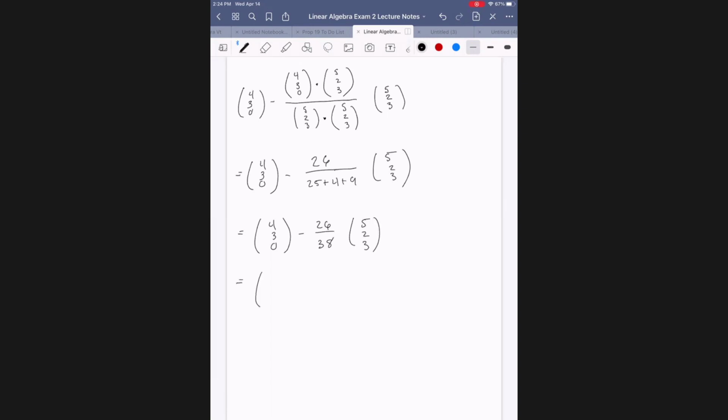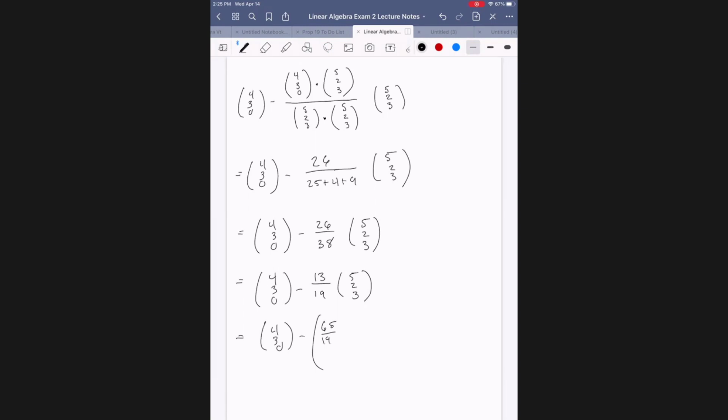So just keep going until you get a vector. So you can simplify this to 13 over 19, I believe. Correct me if I'm wrong. Again, I'm not a human calculator. So this would be 430 minus 65 over 19.